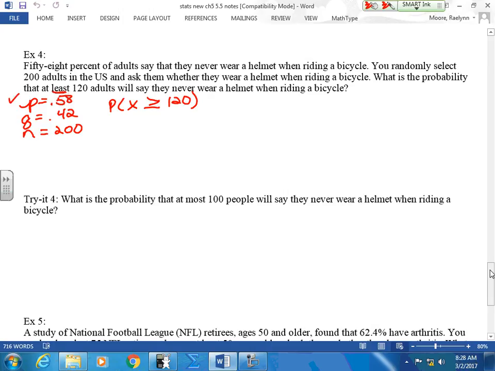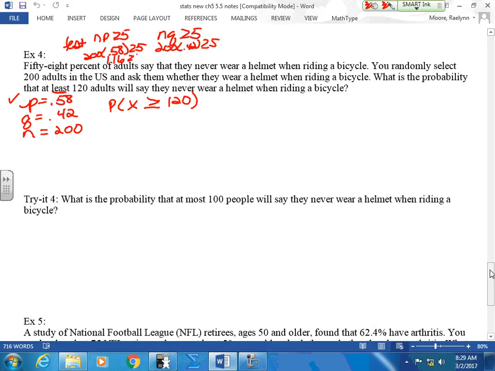I determined this was binomial. They asked me a question, I have a probability statement, so I'm going to test. And I like to test too because this is my mean. I already took the shortcut to my mean. So my N is 200, my P is 0.58. Yes, I passed the test, and this guy too will also pass the test. So I find my mean. The mean is your N times P, which will be 116.